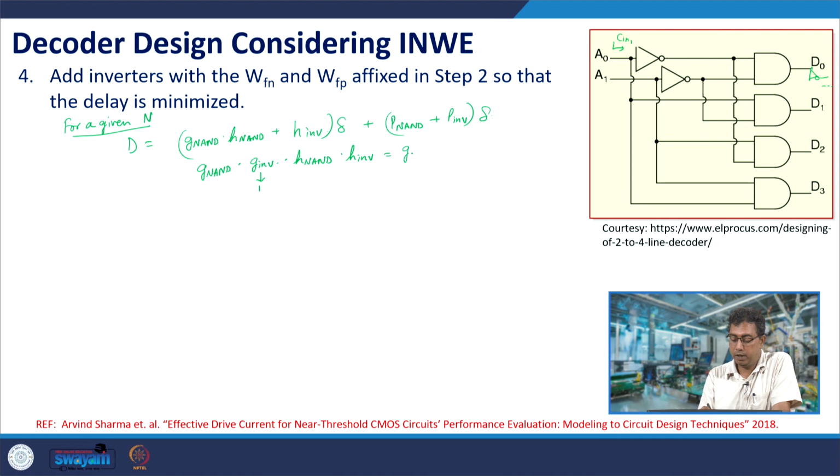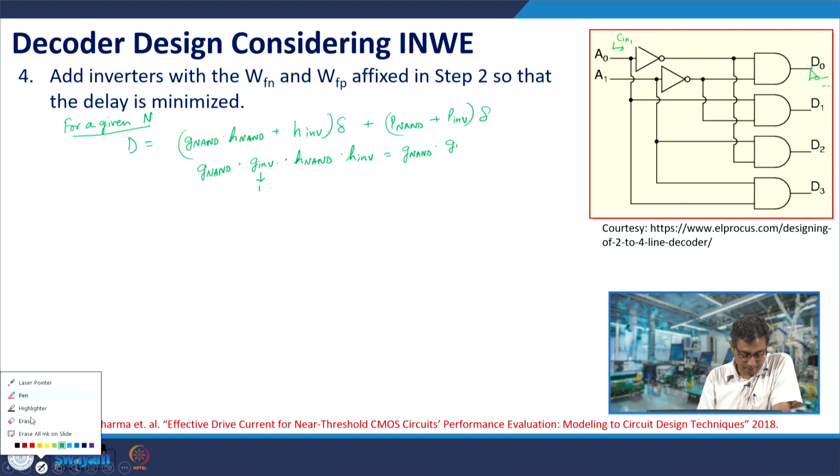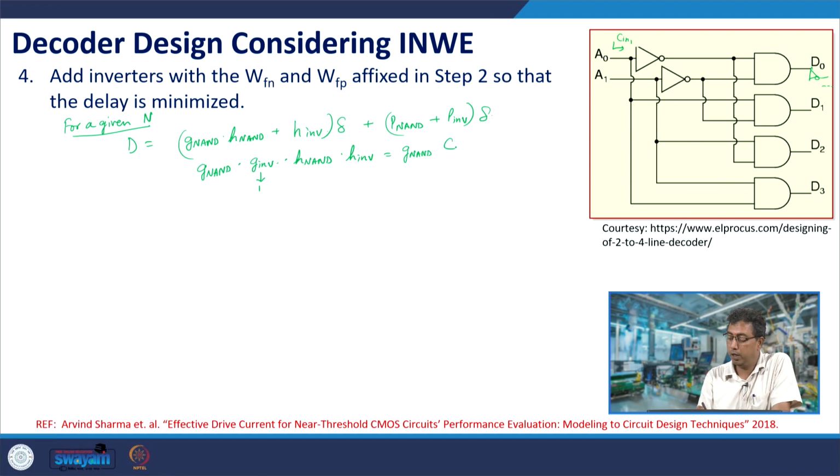What is it? It is G NAND into G inverter. So, G inverter is 1, it is G NAND into C out, the total output capacitance of the decoder, divided by C in 1. So, these are all given by specifications. So, this is a constant.